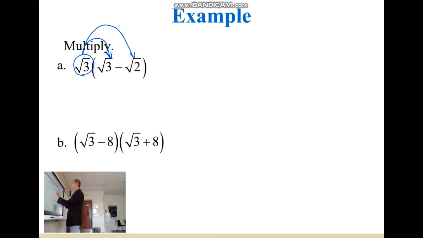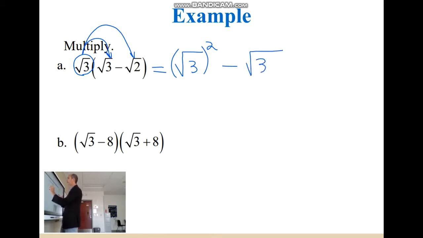Square root of 3 times the square root of 3. I'm going to do this step by step so you understand. It is the square root of 3 squared, right? Square root of 3 squared minus the square root of 3 times the square root of 2, which is the square root of 3 times 2.